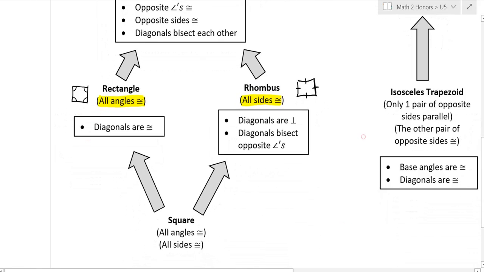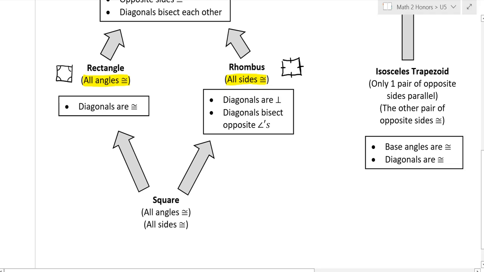Well, that's what we call a square. Okay, so a square has both of those definitions. It's got all four angles congruent, meaning it's a rectangle, and it's got all four sides congruent, meaning it's a rhombus. So when we say square, what we're really meaning is, hey, we have a rectangle and a rhombus.